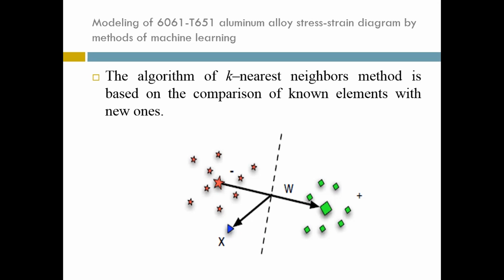The distance between neighbors is usually Euclidean. This method is an algorithm for supervised learning, so it requires a labeled data set.